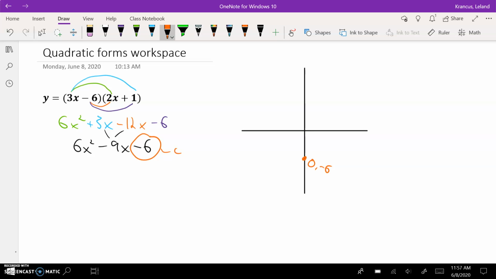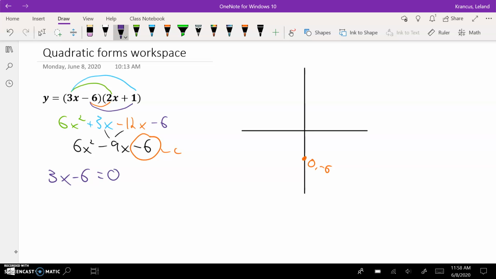So remember, the x-intercepts are the x values that make each of the two binomials equal to 0. So there's actually a little algebra problem that we need to do for each of these. For example, for this first one, 3x minus 6, we're trying to figure out what x value makes that expression equal to 0. So we're really just solving this equation.